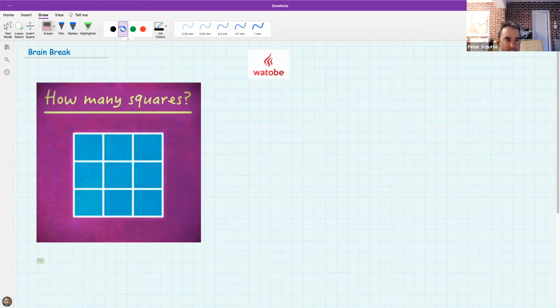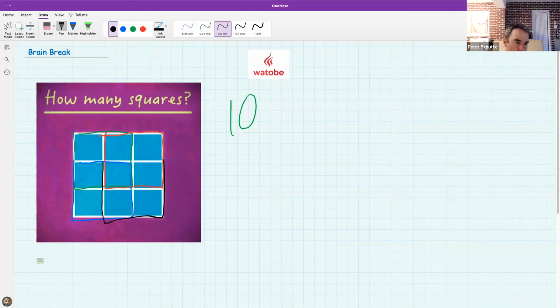But what about the other ones? So what do we think the total number of squares are? Okay, you guys are very smart. So the 10 gets us the ones that are obvious, but there are extra ones. That's the one extra one, 2, 3, and 4.